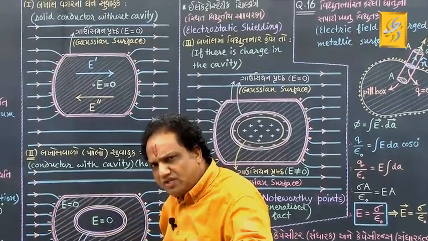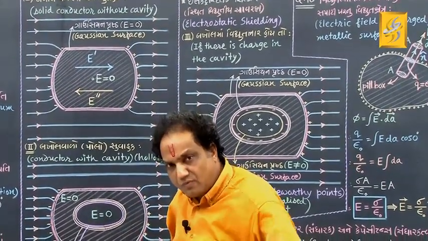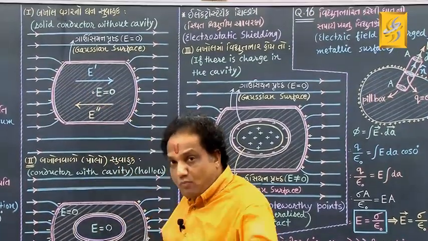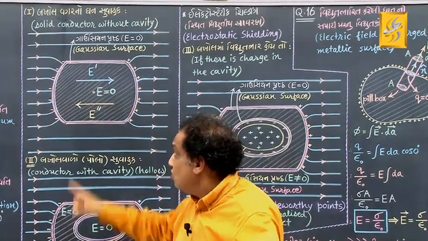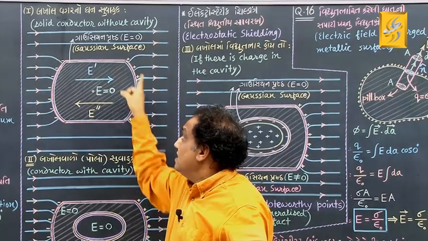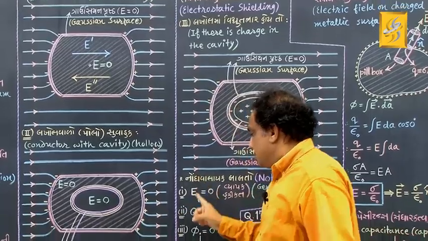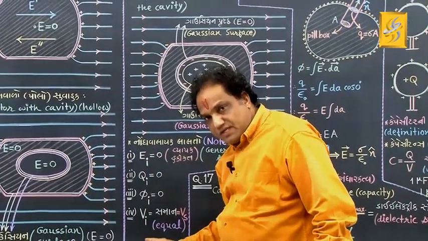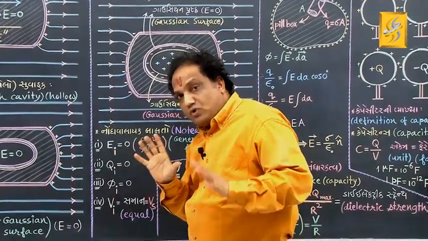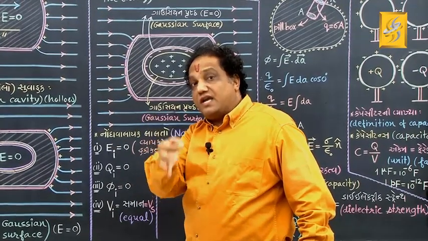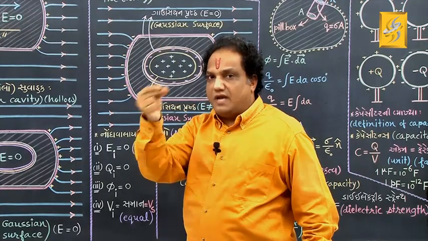No difference of potential means what? Potentials are equal. So at each point inside this conductor, the potential is the same, equal to the value of potential on the surface of the conductor, correct? So these are the special noteworthy points, and when these points come true, that condition is called the electrostatic equilibrium condition.